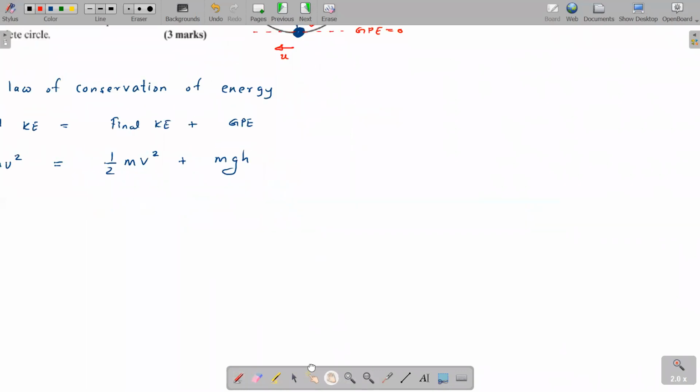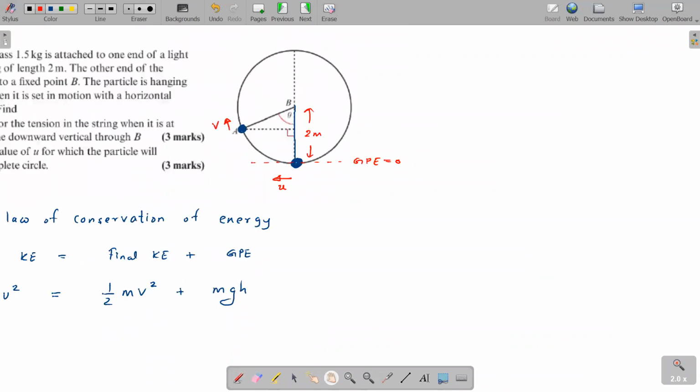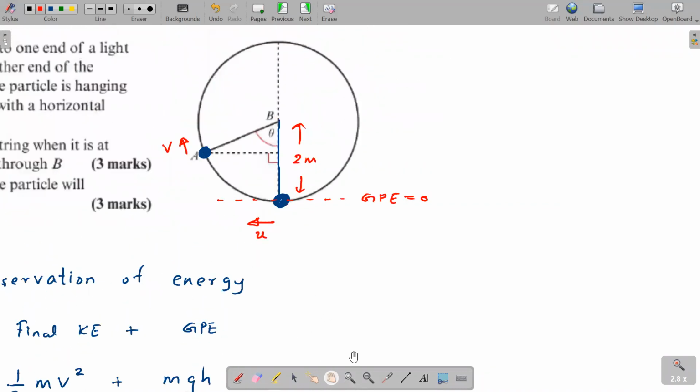The particle starts from here and ends up here, and the vertical height is this. How do we find it? You can see that this length is 2 meters, that's the radius, and AB is also the same 2 meters.